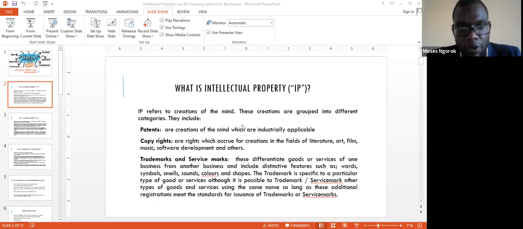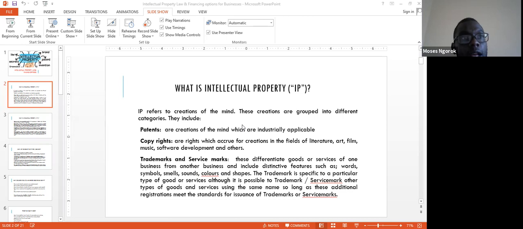I was talking about copyrights. These are rights which accrue for creations in the field of literature, art, film, music, software, and more. I mentioned that this type of intellectual property ordinarily does not need to be registered.